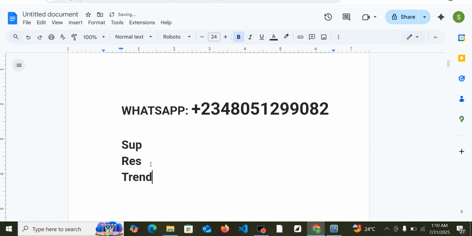The trend is very, very important. If you are able to balance these three together and you understand how you can identify them, then you are most likely to make profit all the time. So I'm going to prove this to you by going straight to the chart so that we will understand how these three can be combined together to get the best out of our trading activities.